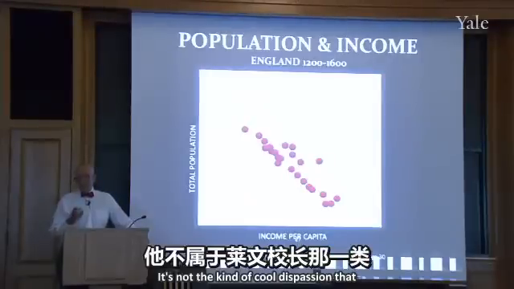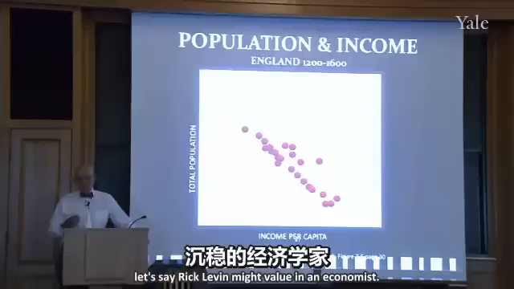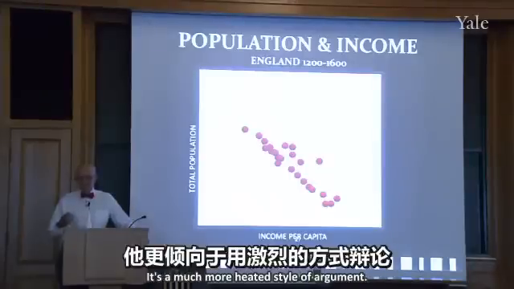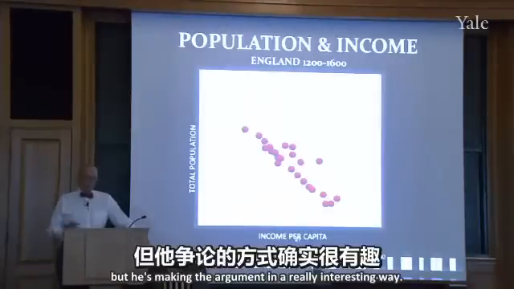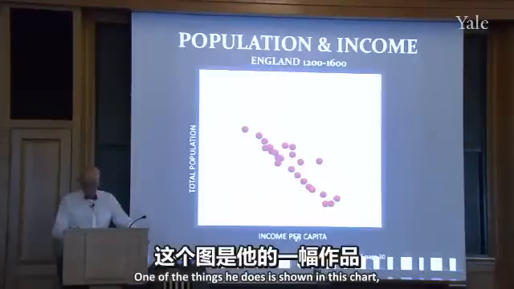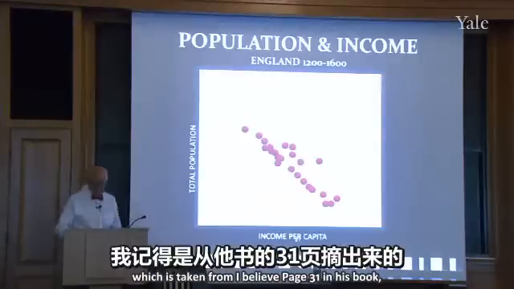It's not the kind of cool dispassion that, let's say, Rick Levin might value in an economist. It's a much more heated style of argument. I actually think he's sometimes a little off, but he's making the argument in a really interesting way. And one of the things he does is shown in this chart, which is taken from, I believe, page 31 in his book.